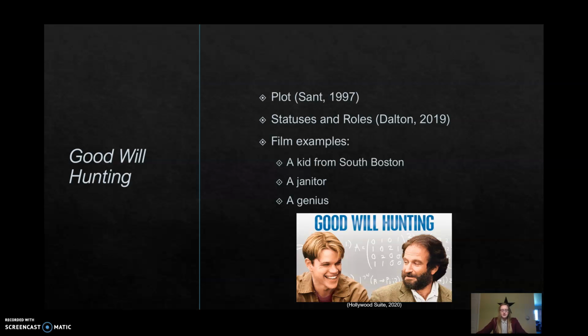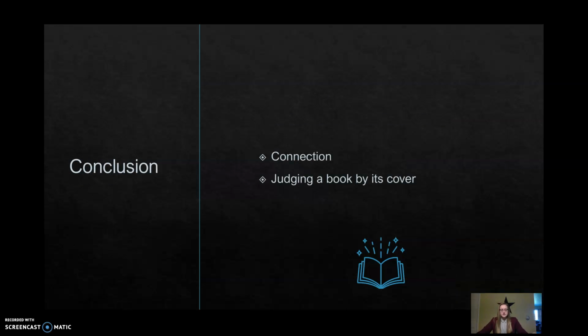And at any point throughout this film, at any point throughout Will's day, his behavior stems from at least one of these socially defined categories. And now these may overlap and conflict with each other, which leads to role conflict. But all in all, he is demonstrating the role theory. So, there is a connection between role theory and Good Will Hunting.